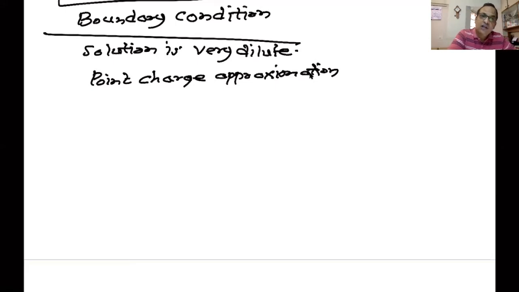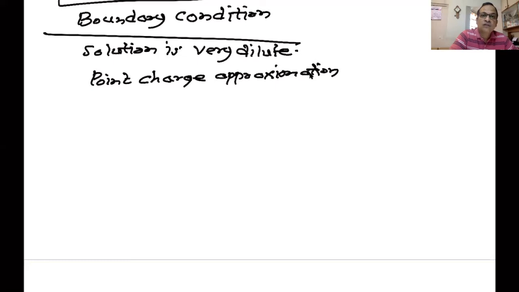Then the potential around that ion, when it was not a dilute solution, is due to two factors. One is the ion itself, and the other is the ions present around it. The ion has charge, so it generates its own electric field, and around that ion there are many ions of opposite charge, the ionic cloud, which also generates an electric field.